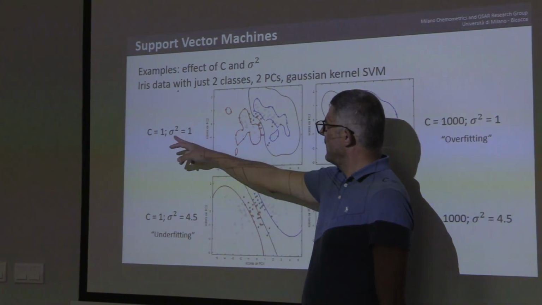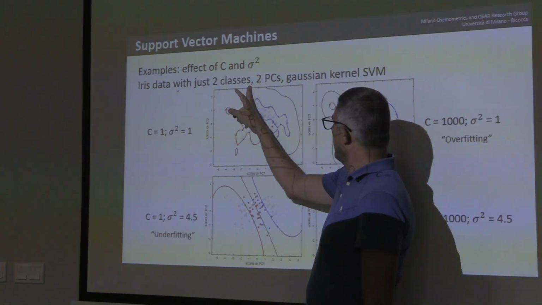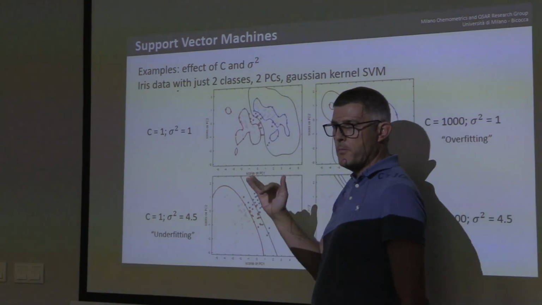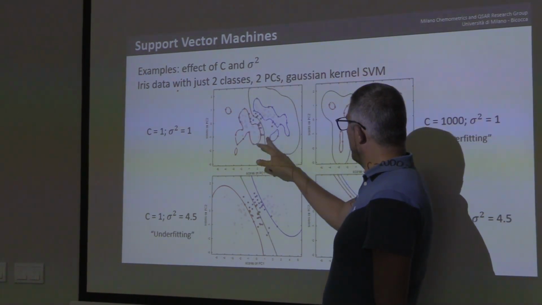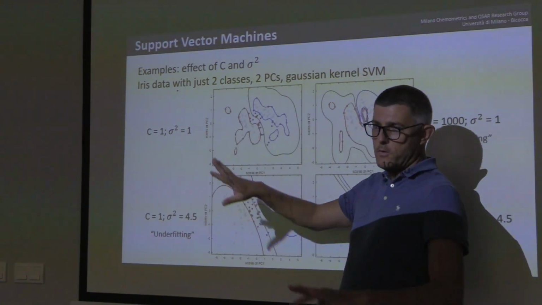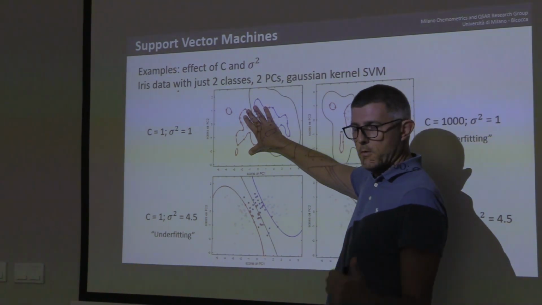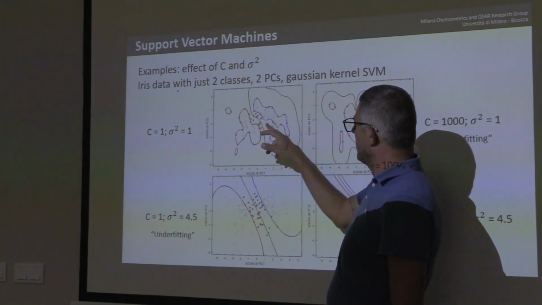Here you have cost equal to 1 and a very low sigma. And can you see this black is the separation, the boundary between the two classes, which is not linear. This is the margin. Of course, this is very different with respect to what we have seen before. This is the margin, and these are the support vectors.